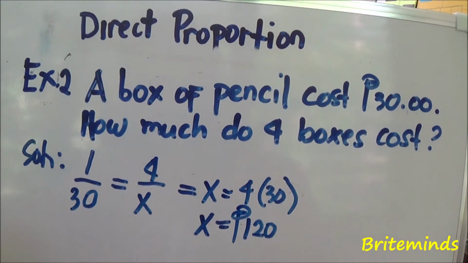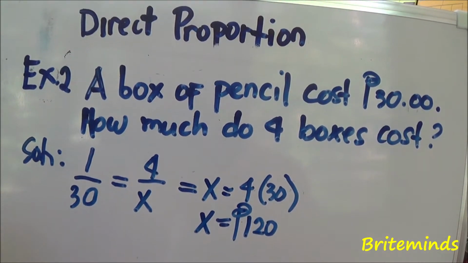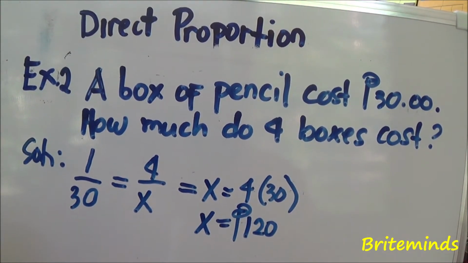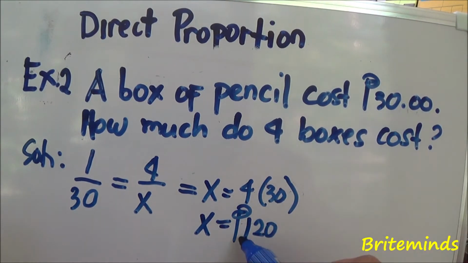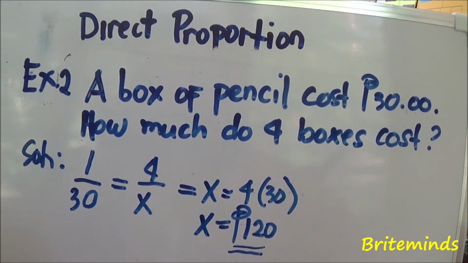So it means that for 4 boxes of pencils, it will cost 120 pesos. So an increase of boxes of pencil will also increase the cost of the boxes of pencil.